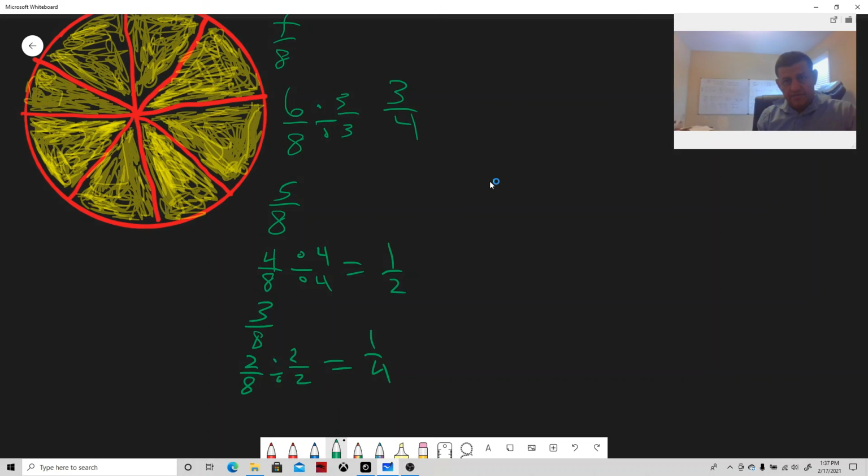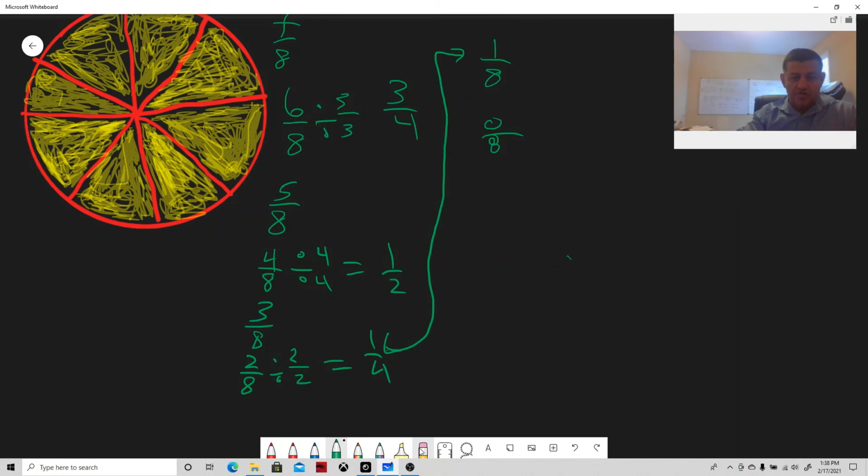So it's 1/8, and then 0 over 8, right? So from this, I went up to here, right? So that's how we represent a fraction using a unit.